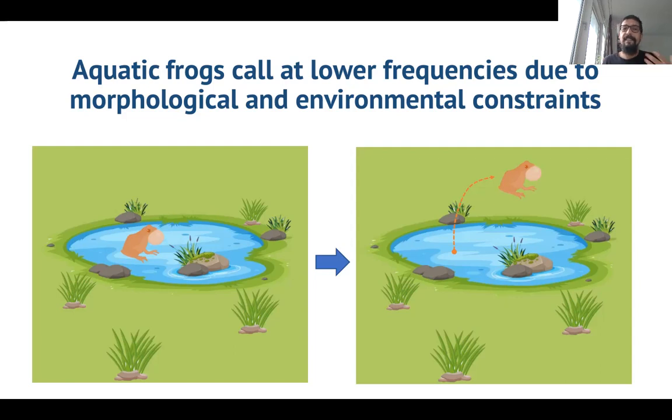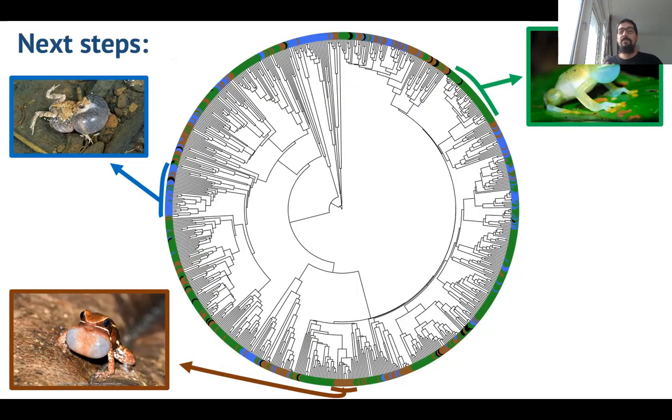Are changes in signals allowing animals to move to different environments? So we are trying to address these questions with a much larger sample of frogs, with a much more detailed acoustic characterization of their calls. And we are hoping to find many more interesting ideas about how the small-scale environment can influence the evolution of these mating vocalizations.